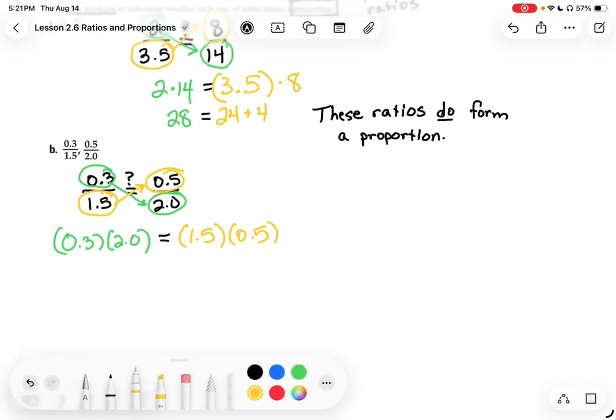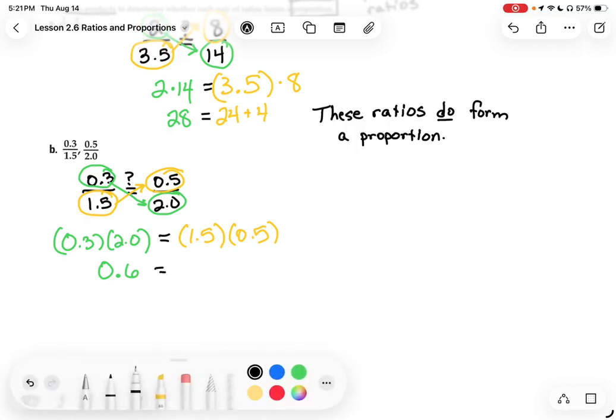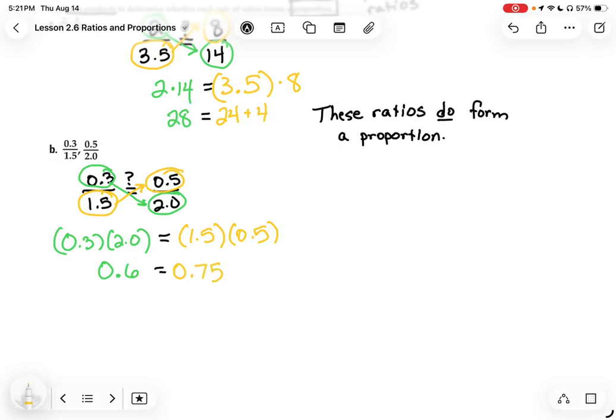Okay, so 0.3 multiplied by 2, well, 3 times 2 is 6, and then we just move the decimal one place over, so 0.6. And 1.5 times 0.5 means what is half of 1.5? That is 0.75.